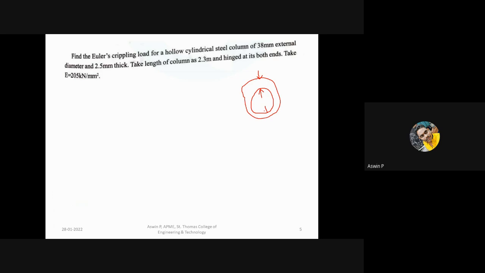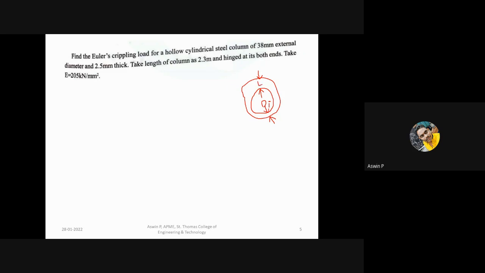Take the length of the column as 2.3 meter and hinged at both ends.